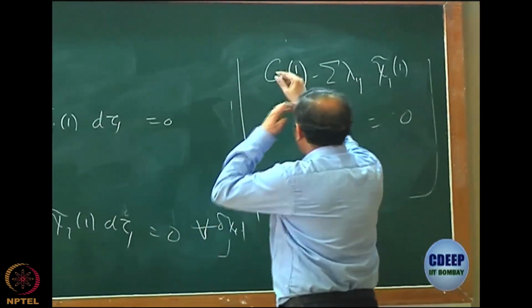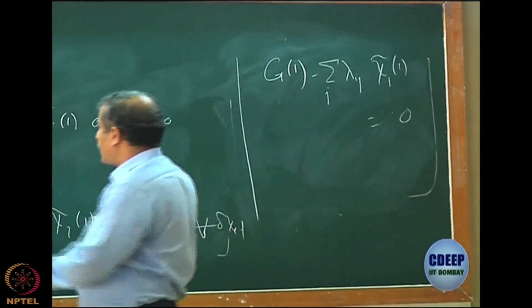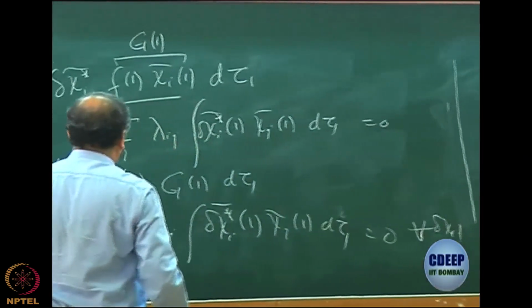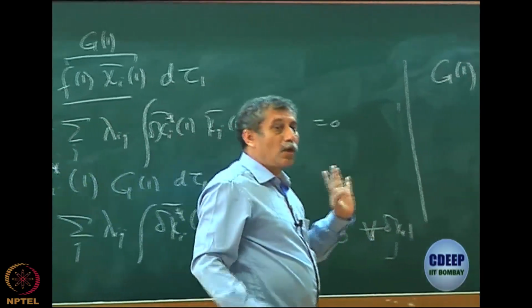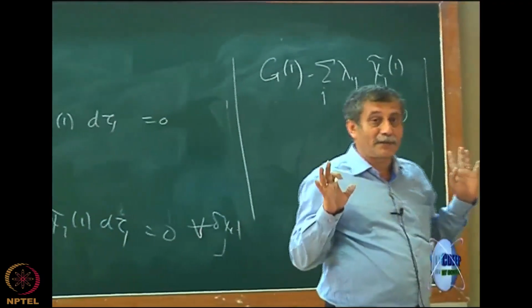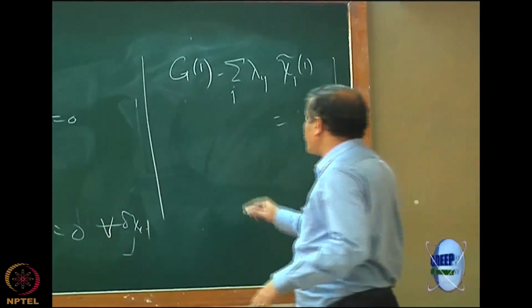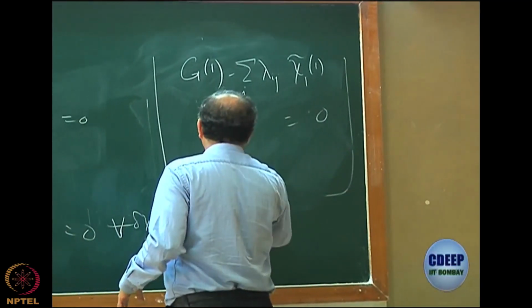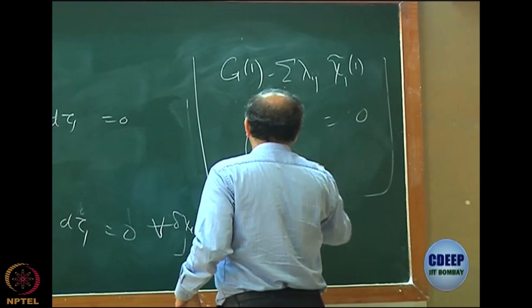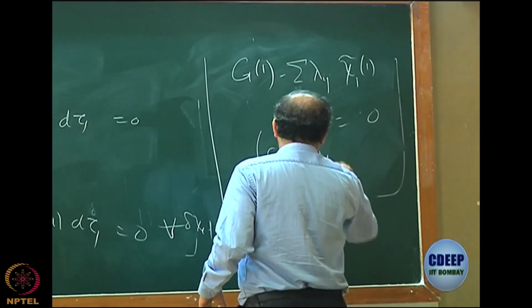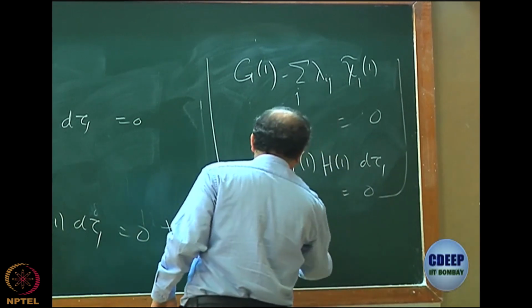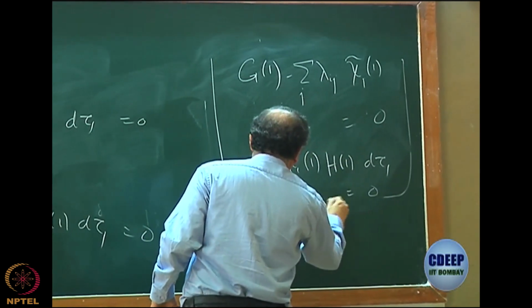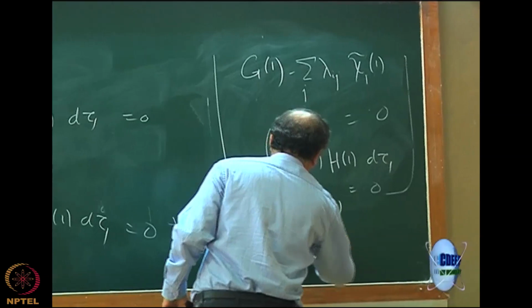So then we get, I can write an equation, if this is true, for all delta chi I star, this minus this is equal to 0. I hope all of you agree to this. This is a very important point. Essentially, it means if I have a delta chi I star 1, some quantity h of 1, delta 1 is 0 for all delta chi I star 1, it means h of 1 is 0.